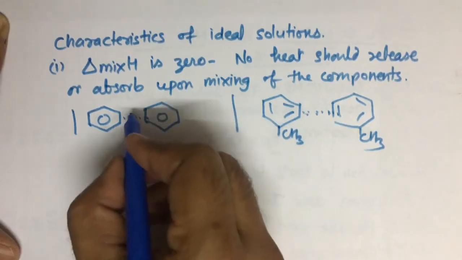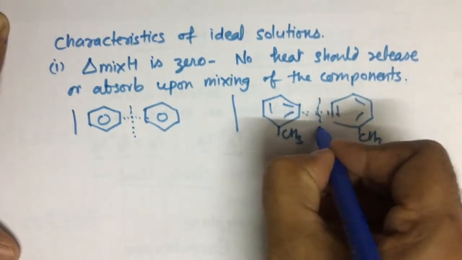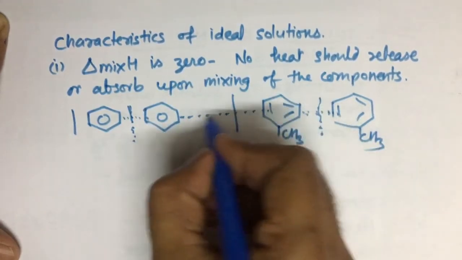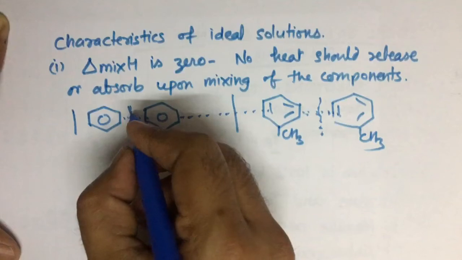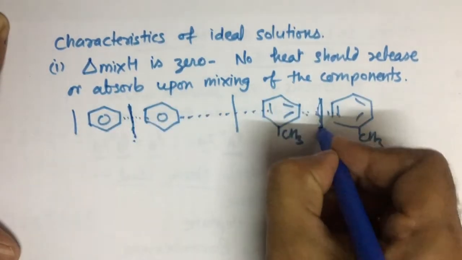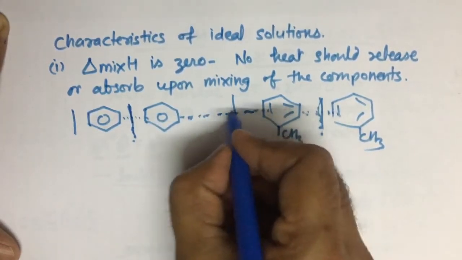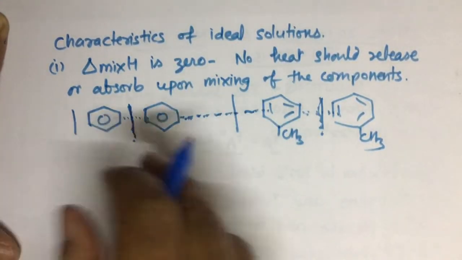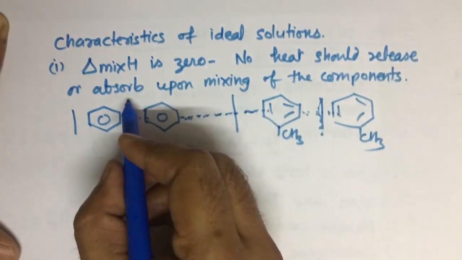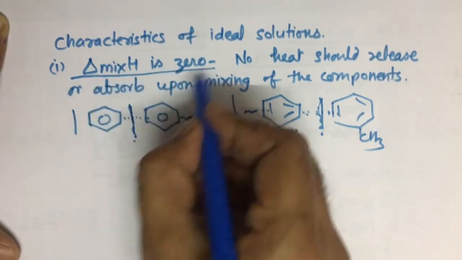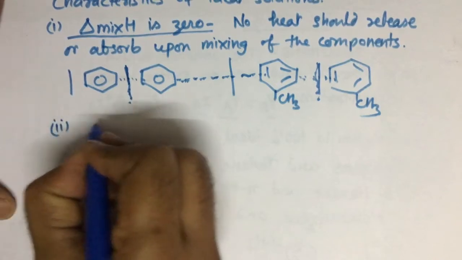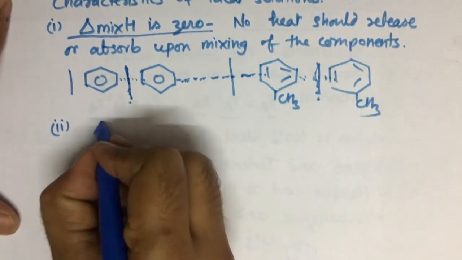When we mix, these forces get broken and the new forces between a benzene and toluene will develop. So the energy required when the bonds are broken, energy released when the bonds are formed should be same. In such situation, no heat will be released and no heat will be absorbed, and enthalpy of mixing will be 0.